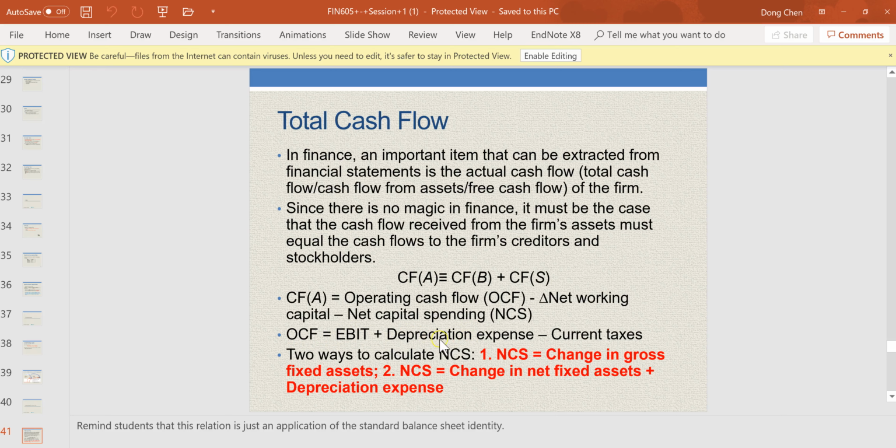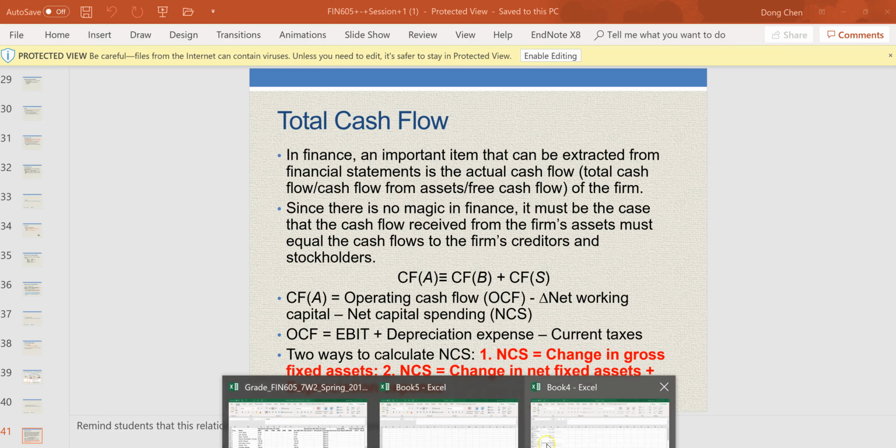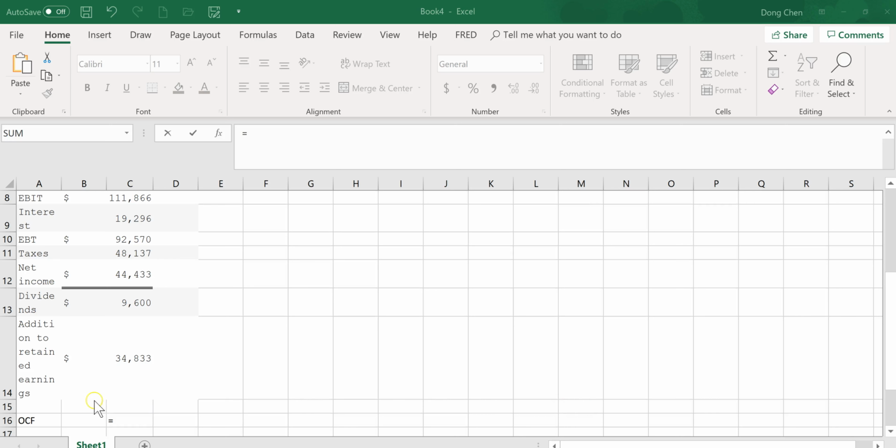Even though we deducted this as an expense, in terms of cash flow, we should add it back, minus the taxes. So this is the formula for that.